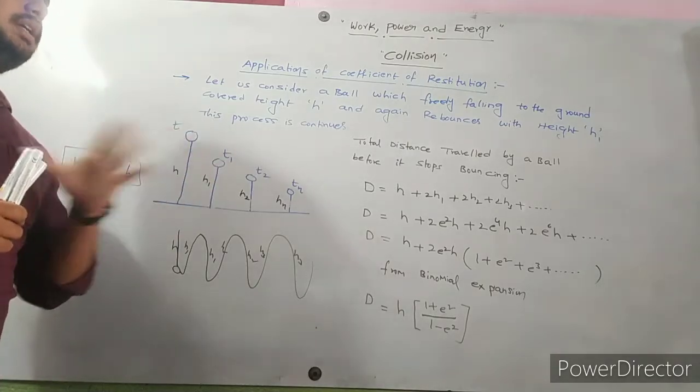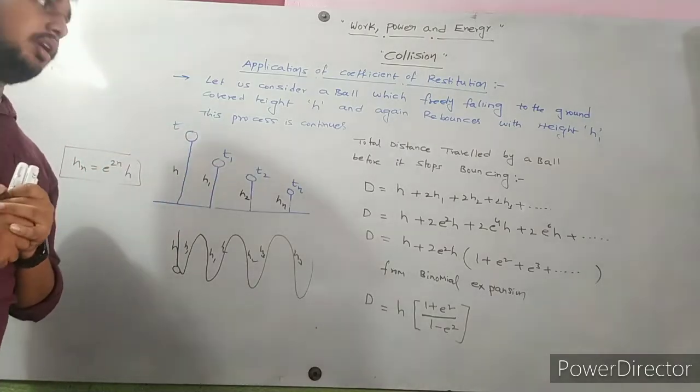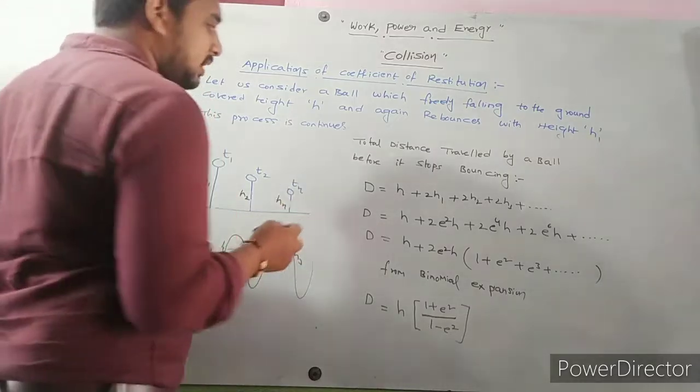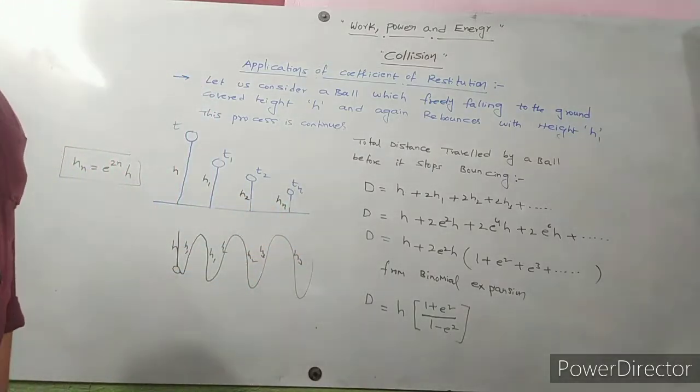We got the total distance traveled by the ball before it stops bouncing. Now we are going to find the total time taken by the ball before it stops bouncing.